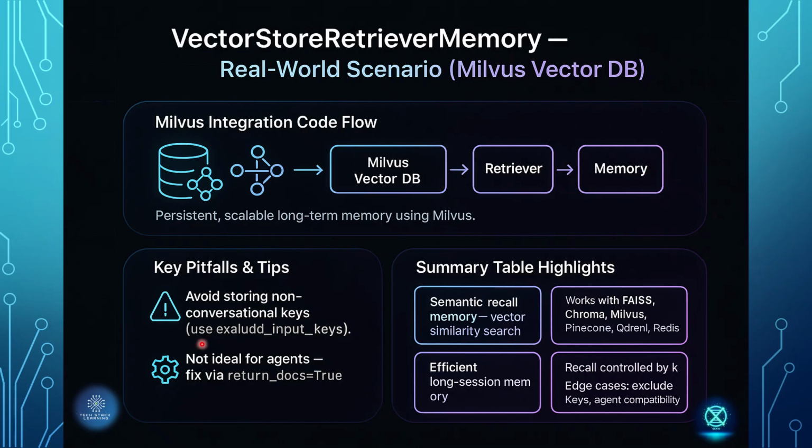Key pitfalls and tips: avoid storing non-conversational keys. If your prompt includes other context like docs, it may mistakenly store it, so you can exclude it using this particular key. It's not ideal for agents; you may have to fix it with return_docs equal to true.